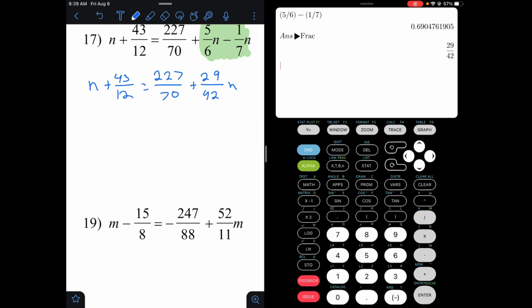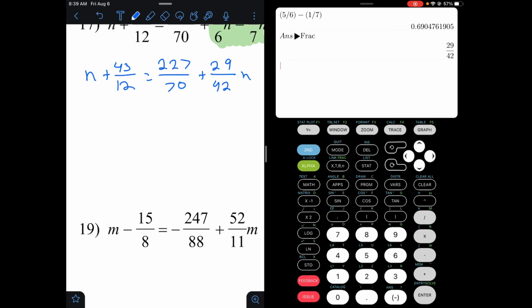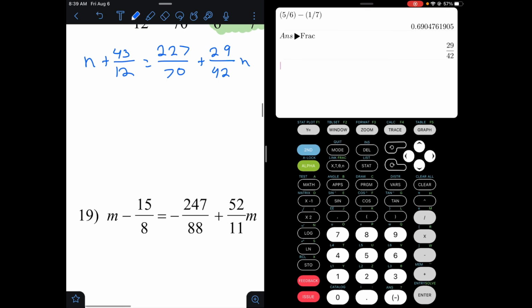Now we're going to go ahead and continue solving the equation. And we need to try and get all the variables on one side and all the constants on the other. So what I'm going to do is move this 29/42 n over to the left-hand side of the equation. So I'm going to subtract 29/42 from both sides.